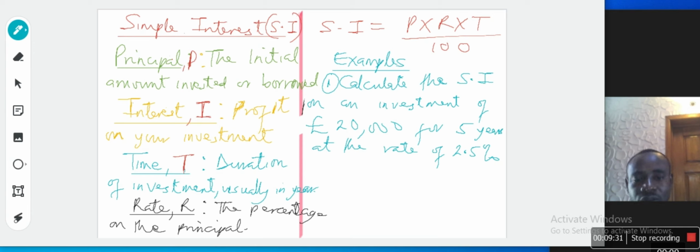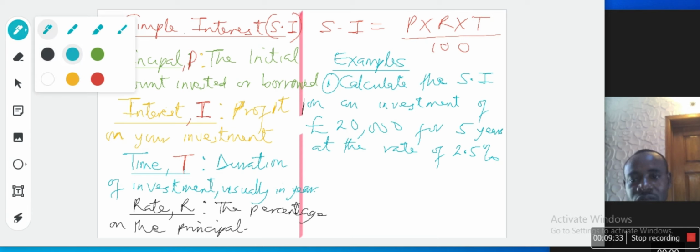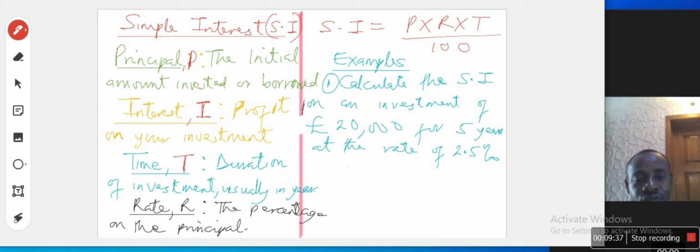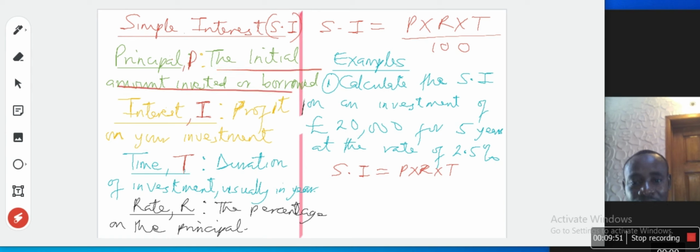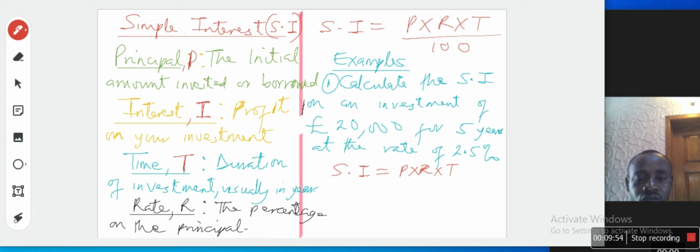That's simple enough. So the formula is what? Simple interest, SI, is PRT over 100. The principal is 20,000, which of course is a major investment, the initial amount invested or borrowed. So 20,000.